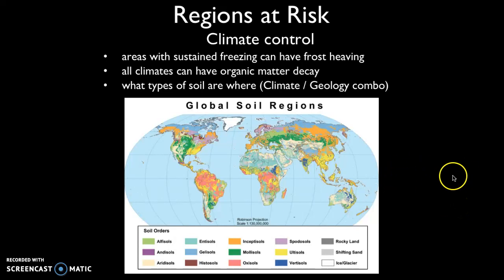Here in this global soils region diagram, they're just showing you the surface soils that are worldwide. And these are very cool, and I'm pretty sure they're in your book as well. I think I saw the diagram when I was reading it, but it gives you an idea of the main types of soils. There's also a lot more, but these are the 15 classifications that they give you in this diagram.